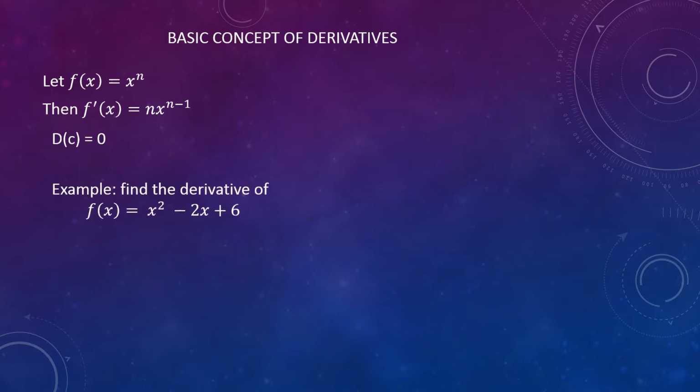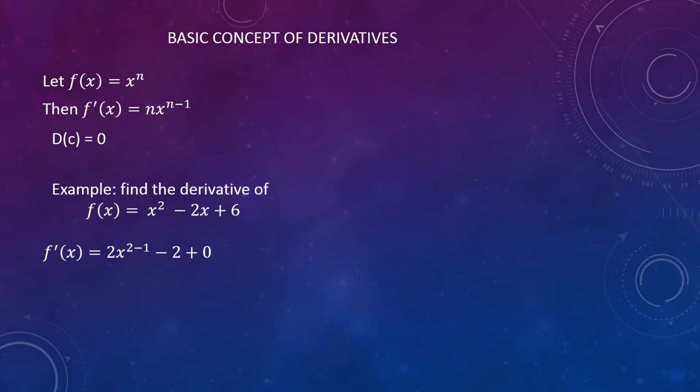So we have here an illustrative example. Find the derivative of f of x is equal to x squared minus 2x plus 6. We can now apply the first basic concept of derivative. So we have f prime of x is equal to 2x to the power of 2 minus 1. We multiply the exponent, which is 2, to the base, which is x, so we have 2x to the power of 2.